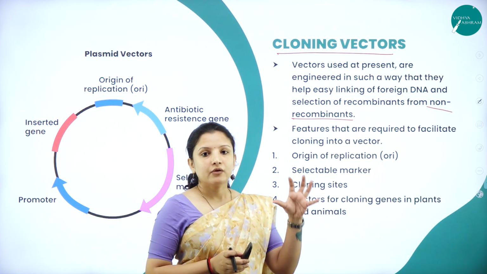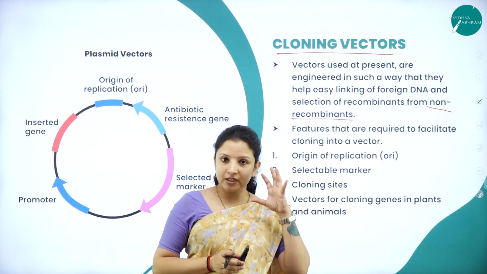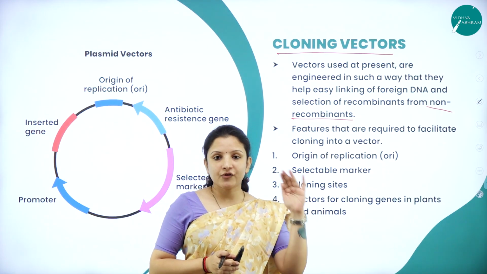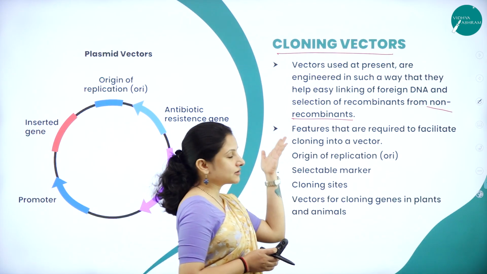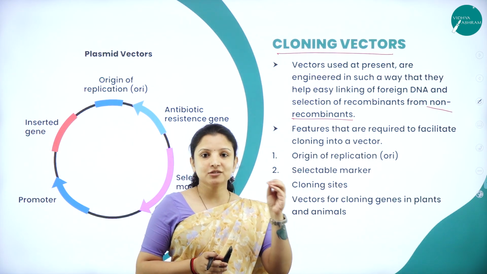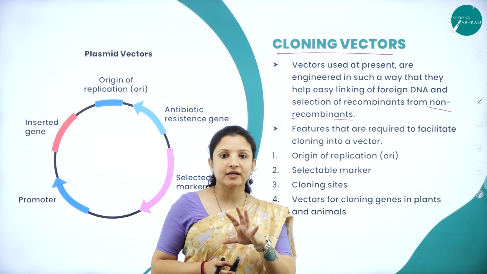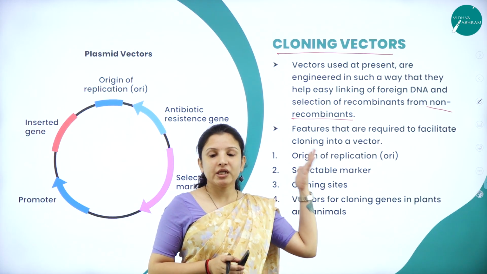We need a recombinant DNA, so we need to cut the DNA strand from the foreign DNA and from the vector's DNA. Once we cut it, we need to introduce the foreign DNA into the vector's DNA.